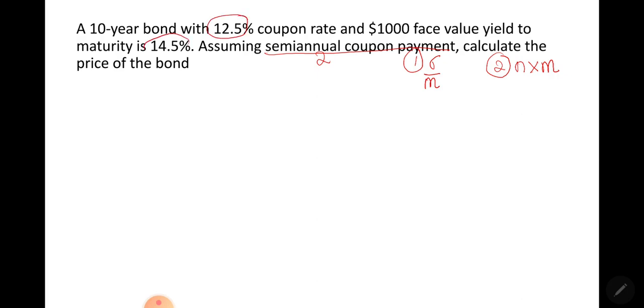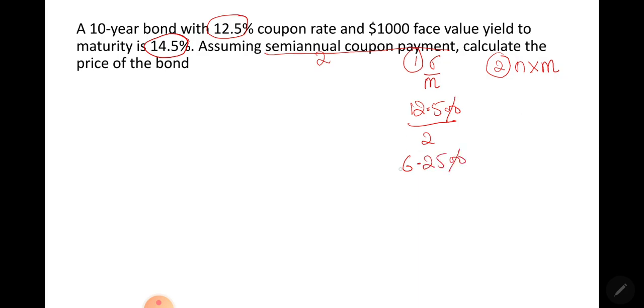So you need to divide both the interest rates by 2. We are dividing it by 2 because it says semi-annual coupon. It means the interest payment will be 2 times in a year. So first we will divide the coupon rate. 12.5% divided by 2, this will become 6.25%.